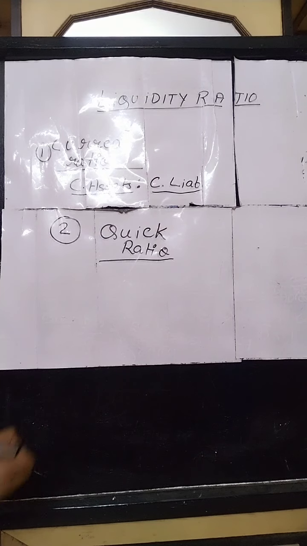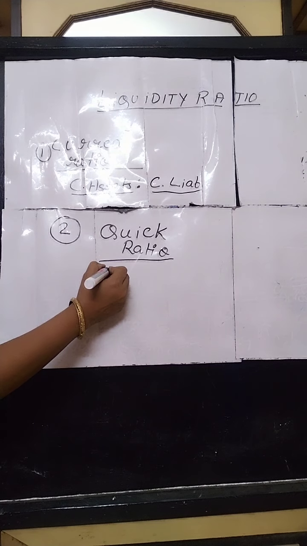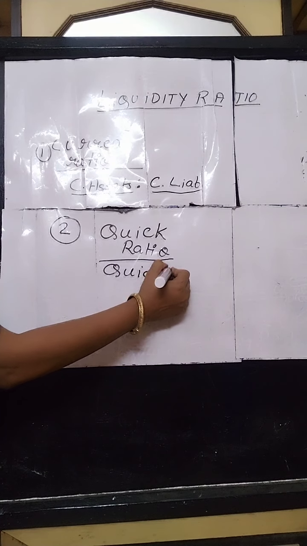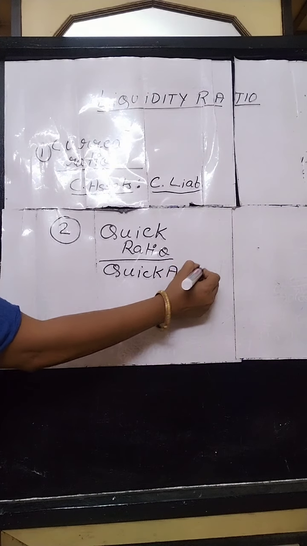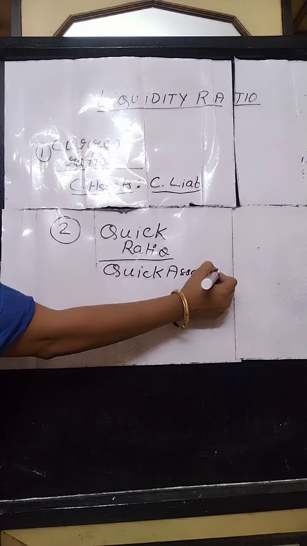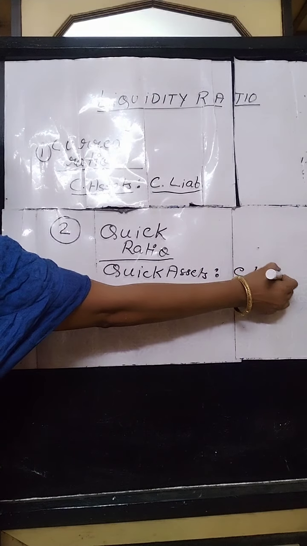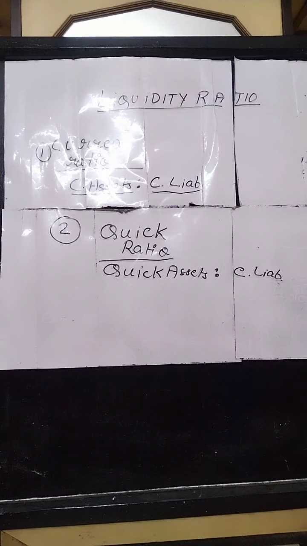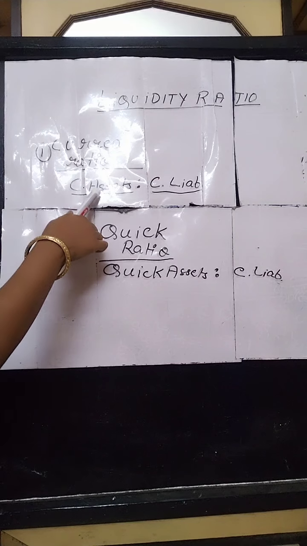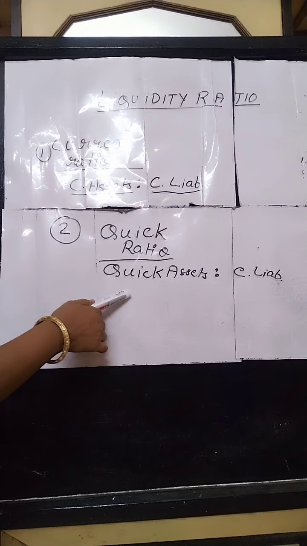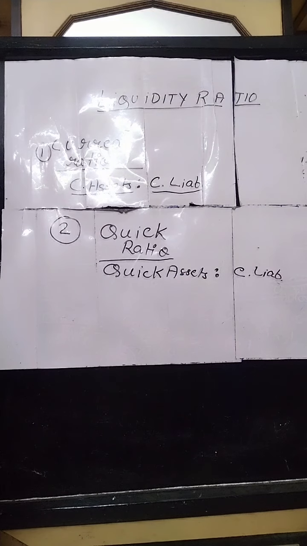Quick ratio is the ratio of quick assets to current liabilities. Just like current ratio is current assets to current liabilities, quick ratio is quick assets to current liabilities.